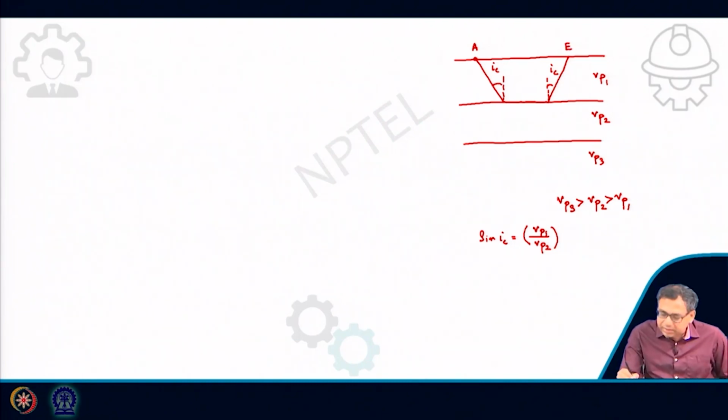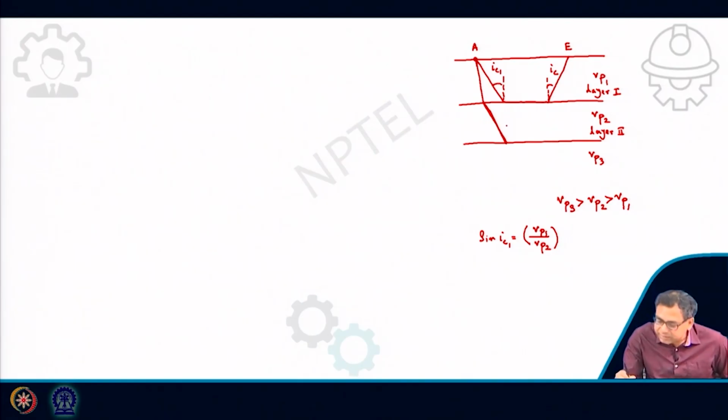Now, there will be another layer. So, this will be the ray, then it will be refracted away from the normal, because this is also from low speed material to high speed material. So, now here this is IC1, because this is the critical angle between layer 1 and layer 2. So, this is layer 1, this is layer 2, clear?